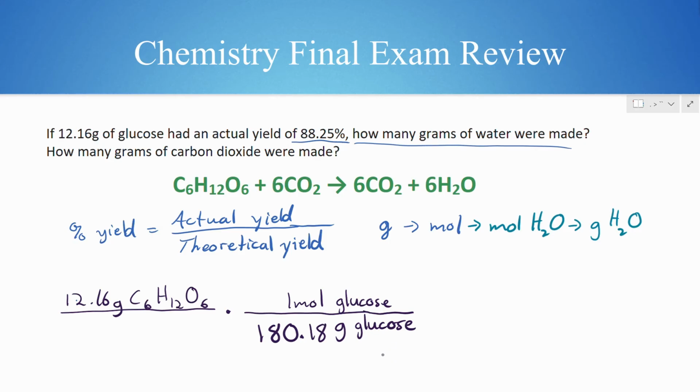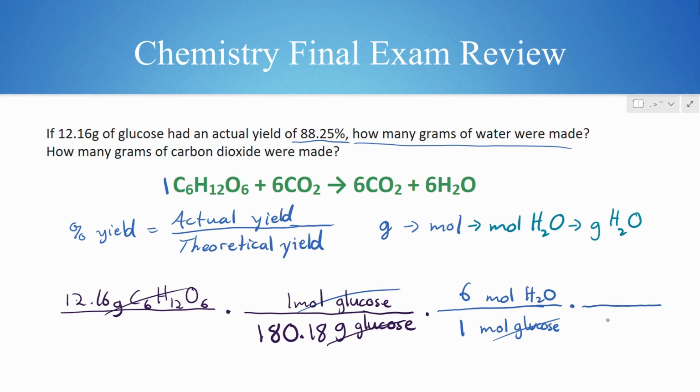So now glucose grams cancel out, and we're going to go to moles of water. When we have a mole-to-mole conversion, we need to use the balanced equation. So for every 1 mole of glucose, we produce 6 moles of water. Now moles of glucose go away. Finally, we're going to convert to grams of water, using the molar mass of water.